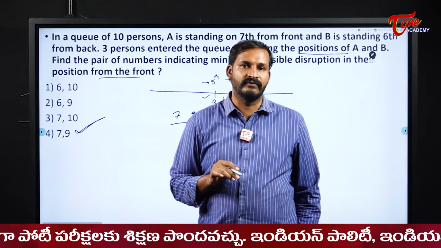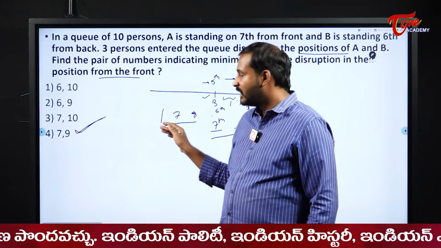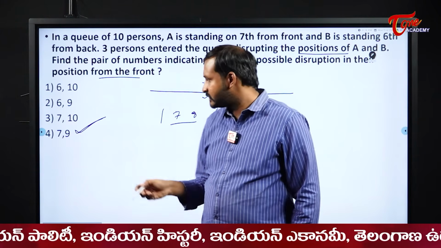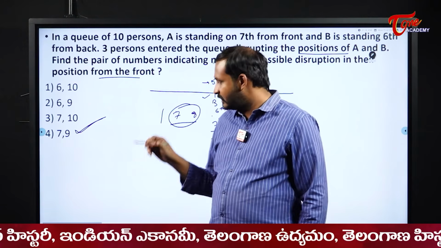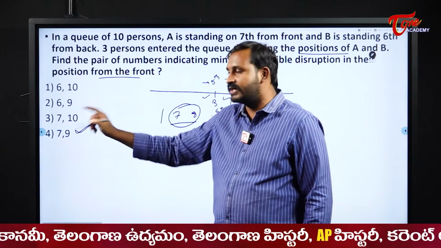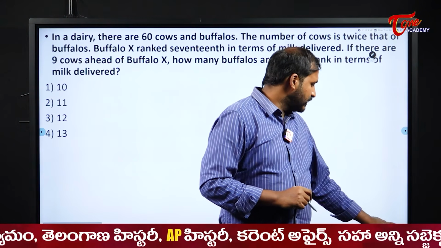That is the reason we are going for 7 and 9. Okay, if only one person sits in front of B and the remaining 2 sit after A also, then also the 2 positions will be disturbed, right? Yes, 7 and 8 will be also one more answer for us. But actually, here 7 and 8 was not there in the option. So that is the reason I am choosing the best one here, 7 and 9. Right. Next.